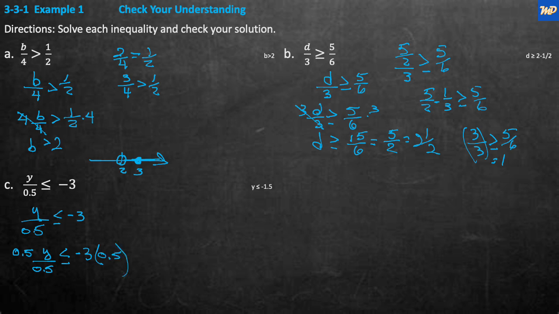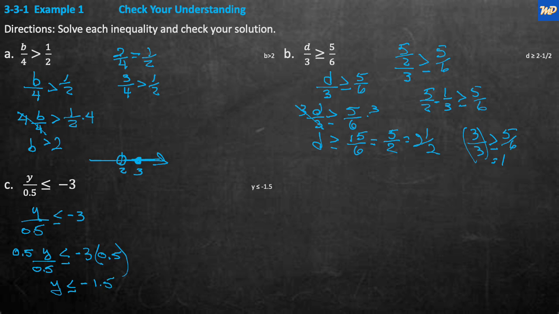And when we simplify, we're going to get y is less than or equal to -3 times 0.5, which is -1.5. Okay, so that's the solution.